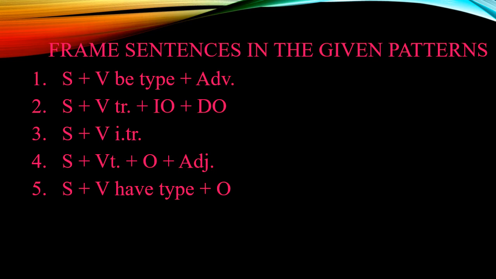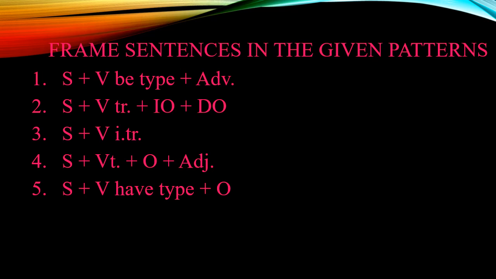Then you have subject plus verb transitive plus indirect object plus direct object. For example, he wrote him a letter. Now here you have two objects, him and a letter. I gave her a pen.